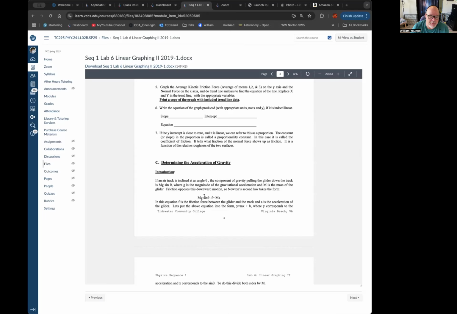They're calling it mg sine theta minus F, and that F represents the friction force, specifically kinetic friction. All of that, according to Newton's second law, is equal to the mass times the acceleration. That mass is the mass of the cart in each instance.